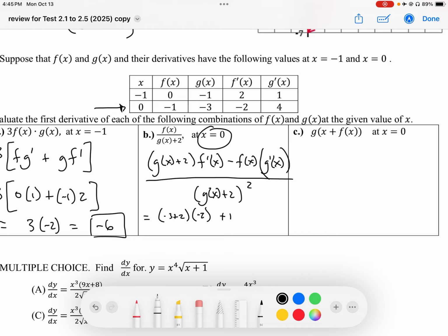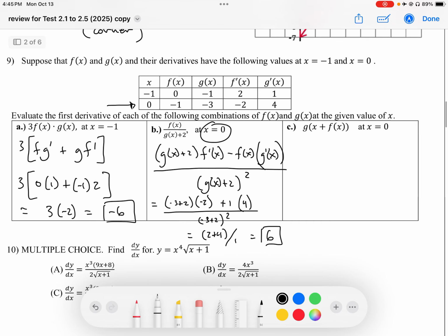So I'm going to do plus 1. And then g prime, which is 4. Okay, and that's all divided by g of 0, which was -3 plus 2 all squared. So now we're just going to simplify that. That's going to be 2 plus 4 divided by 1, which is 6.